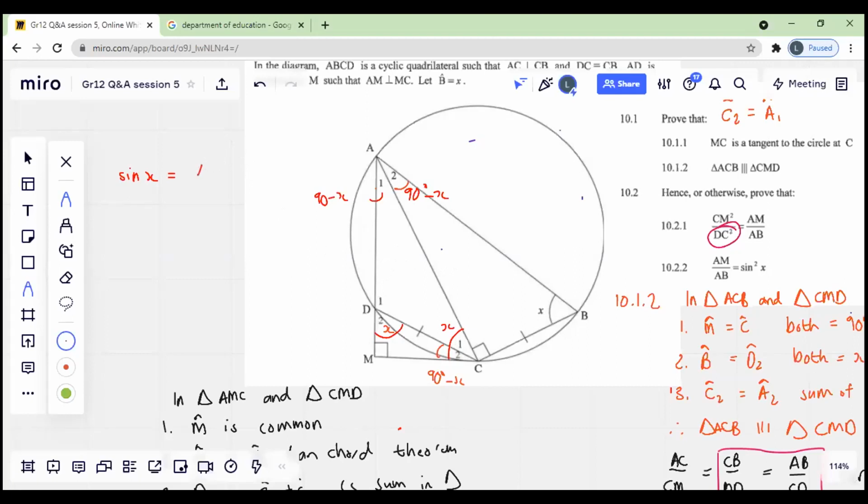So AM over AC. If I work in this triangle over here, sine X is going to be equal to opposite AC over hypotenuse AB.